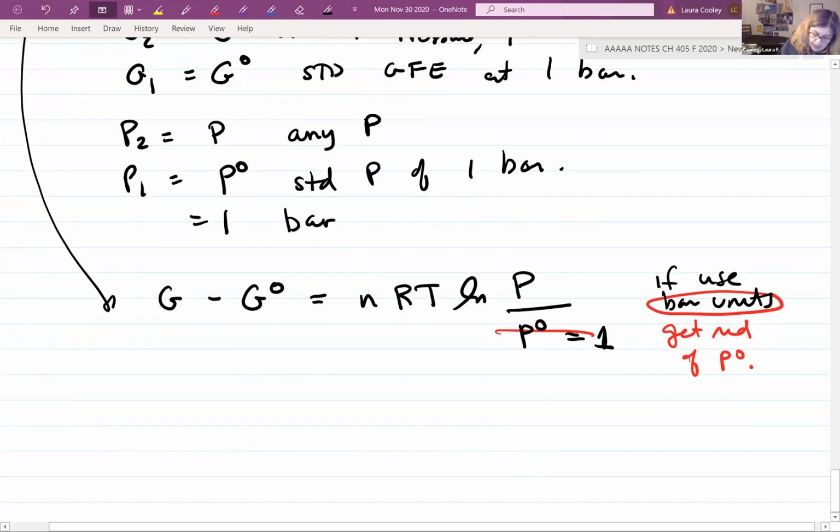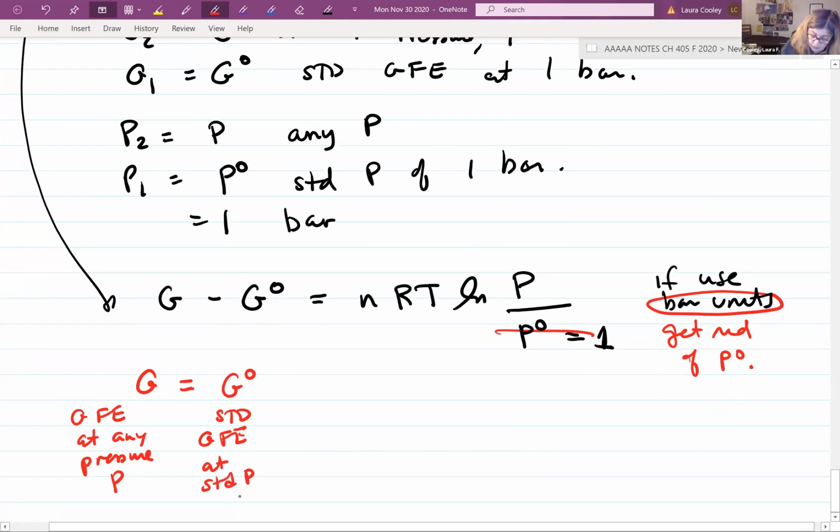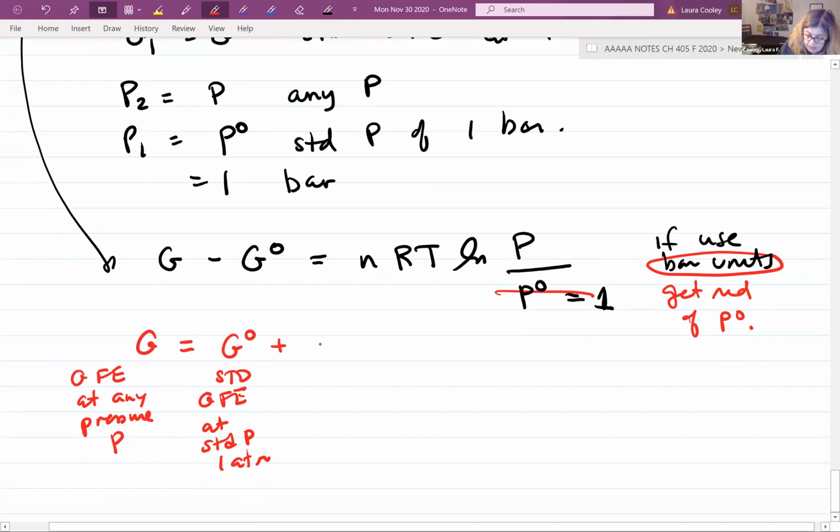Okay, so we have G, the Gibbs free energy at any pressure, is equal to the standard Gibbs free energy at the standard pressure of 1 atmosphere plus nRT log of P. And this is at any pressure.